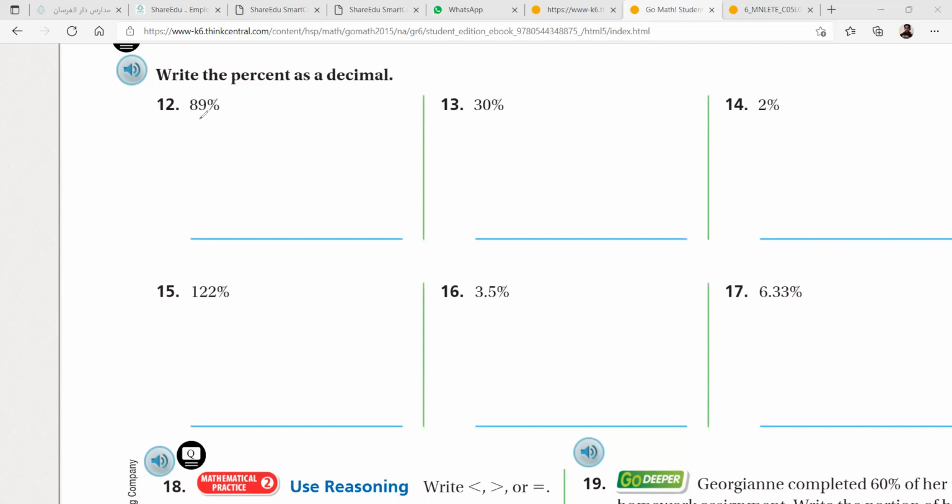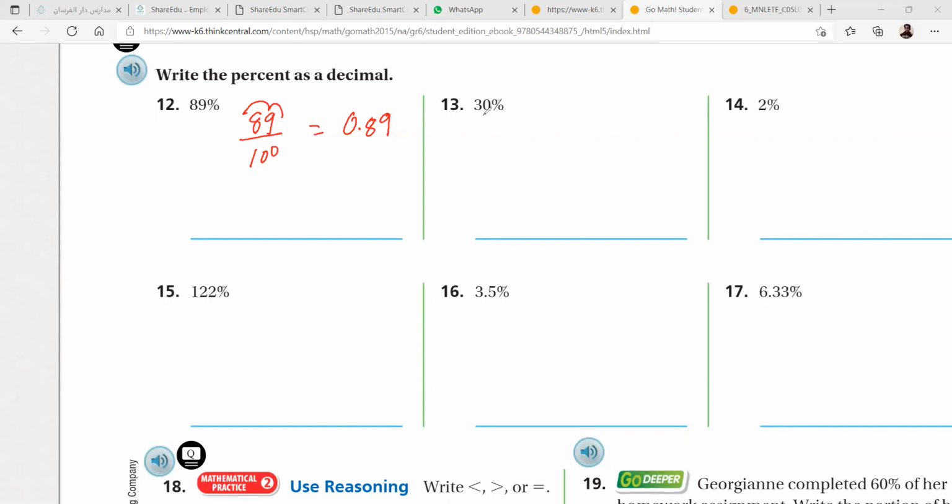Yes. How do I write 89% as a decimal? First thing, Miss, 89 over 100. Very good. And then you have how many zeros? 2. So I shift 2 places. So what is my answer? 0.89. Excellent.